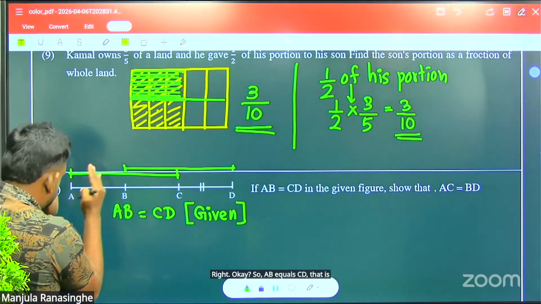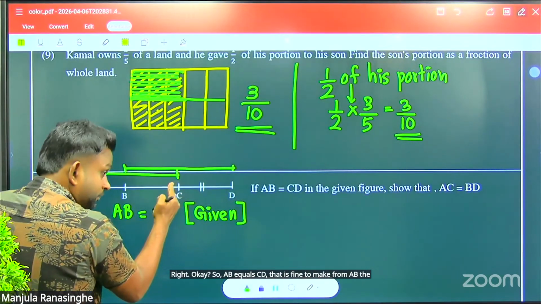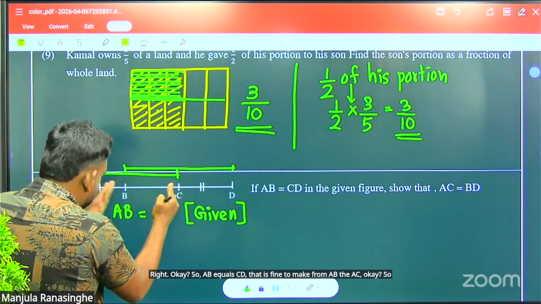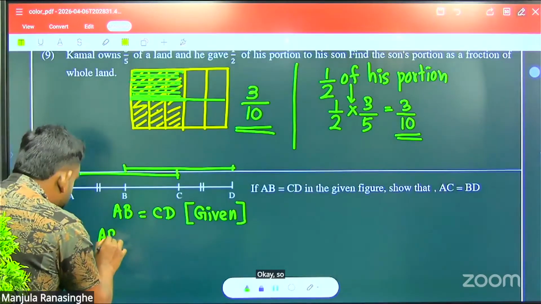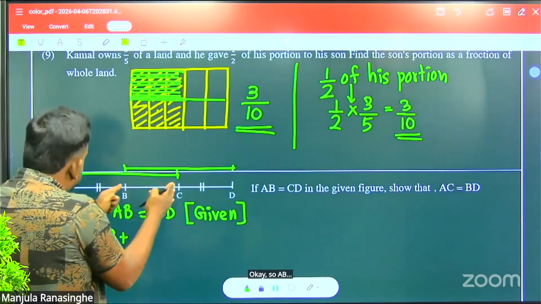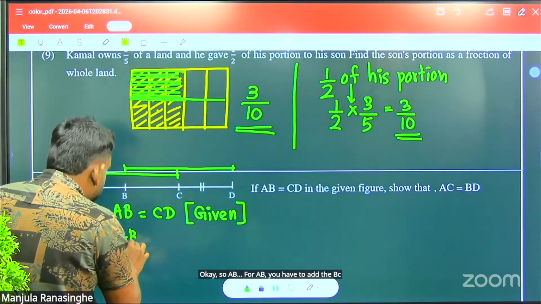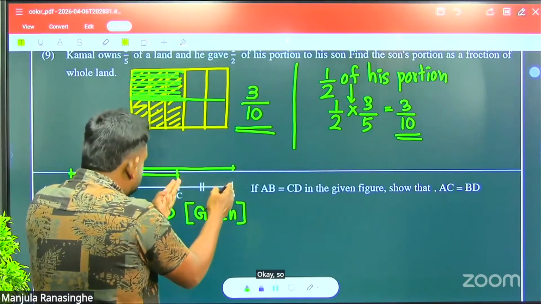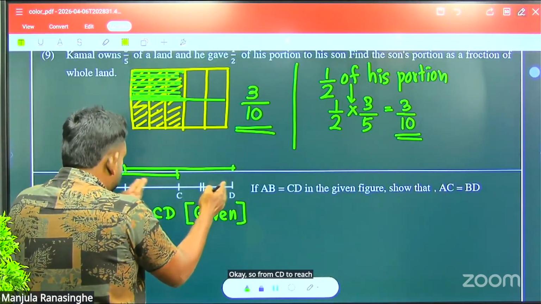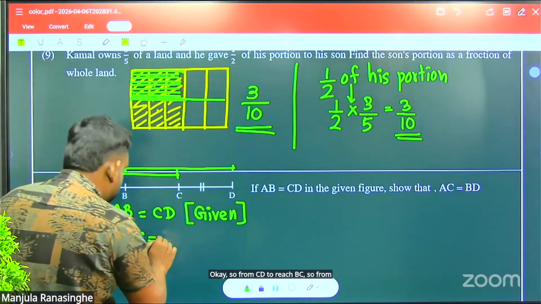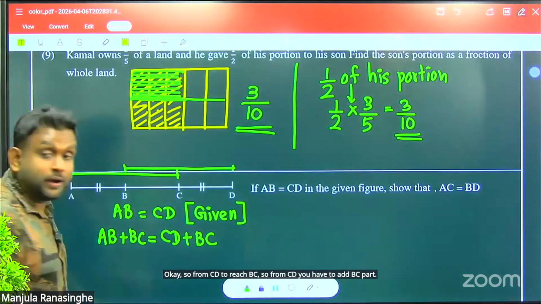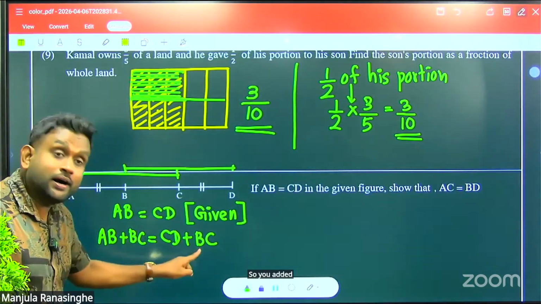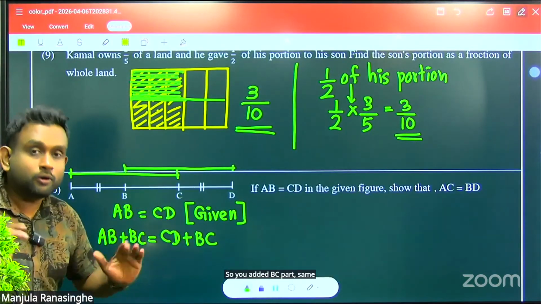To make AC from AB, you have to add this BC part to it. And to make BD from CD, you have to add the BC part. So you added the same BC part to both sides.